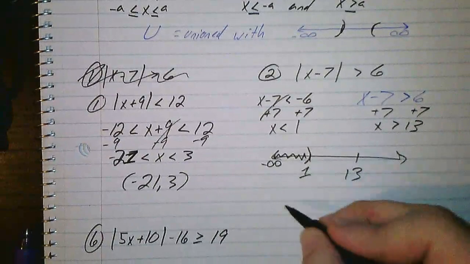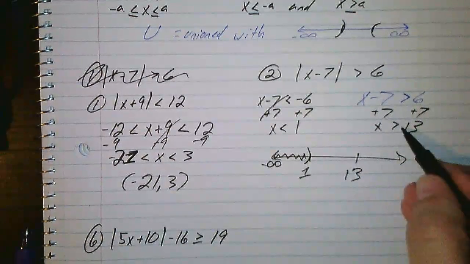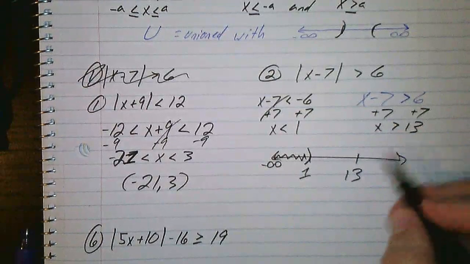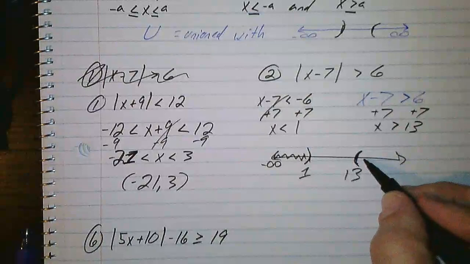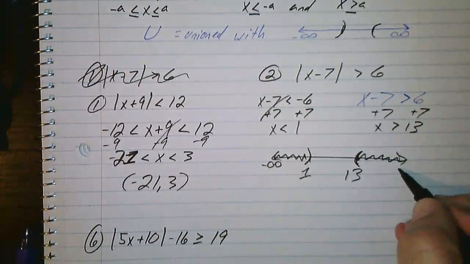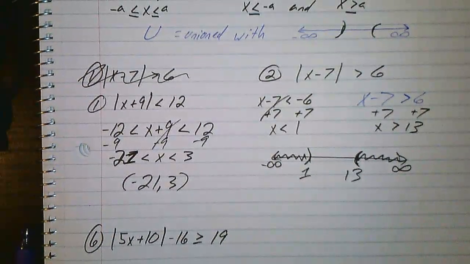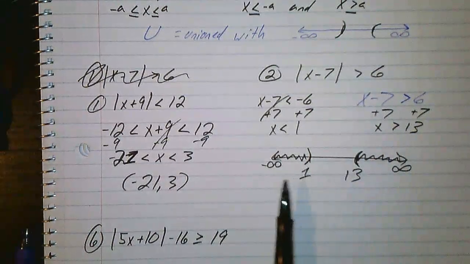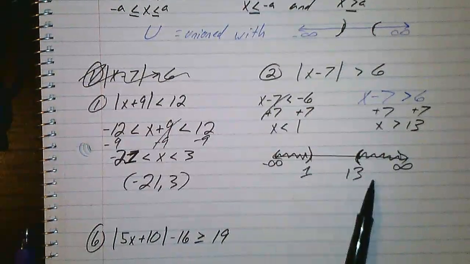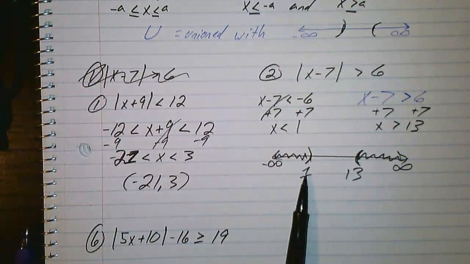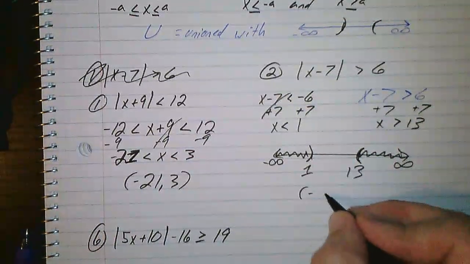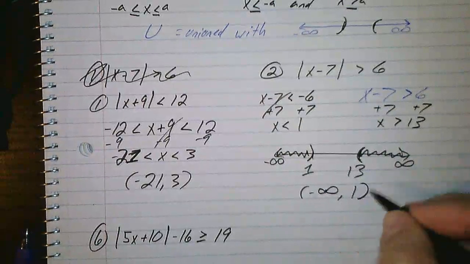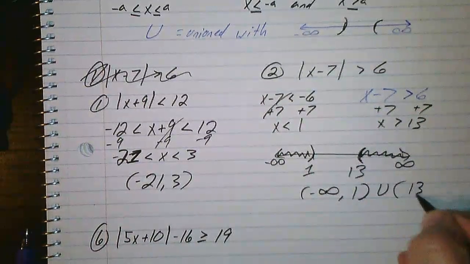So our interval notation, well, we'll get to that in a second, because let's do the right side of our number line. x is greater than 13, we would put a parenthesis here and shade towards positive infinity. So the solution to this problem lies in this region on the number line, from negative infinity to 1, unioned with 13 to infinity. So that's how you write the answer.